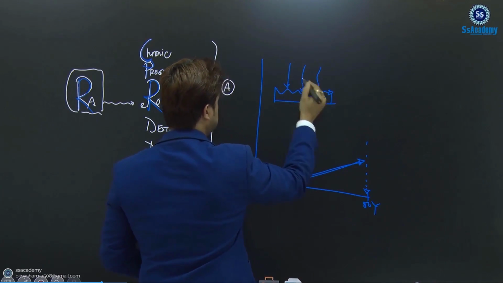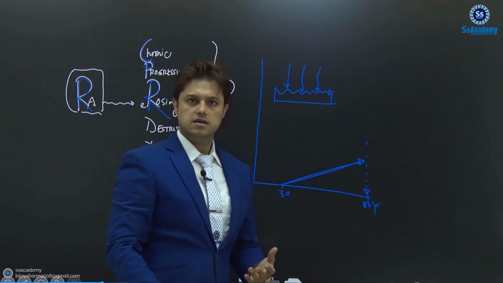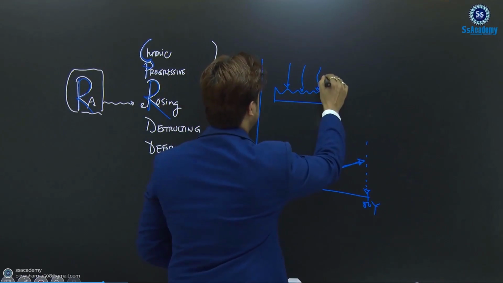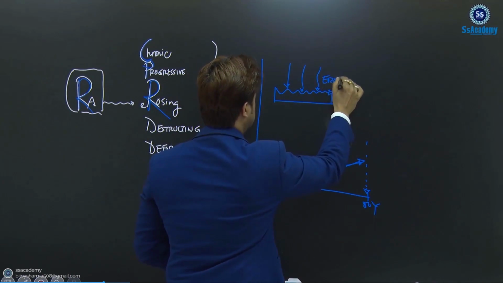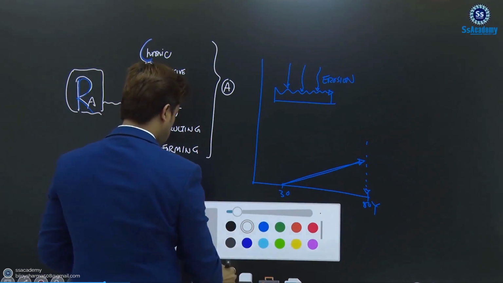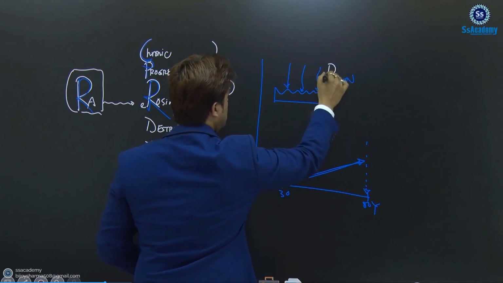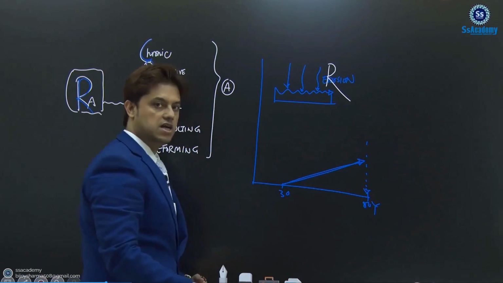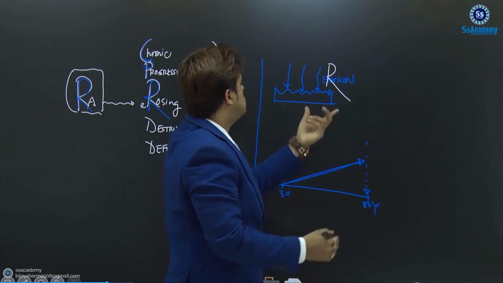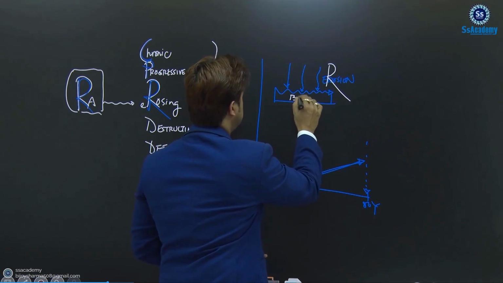As the disease passes, the damage will happen, it will be erosion, my dear. So this is nothing but the erosion. You need to know this is nothing but erosion, my dear, or erosing disorder.